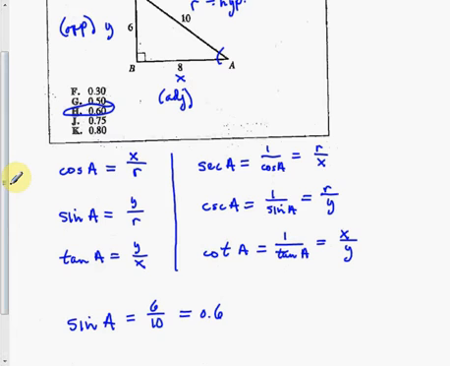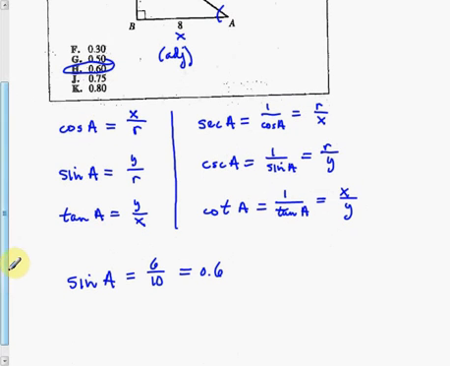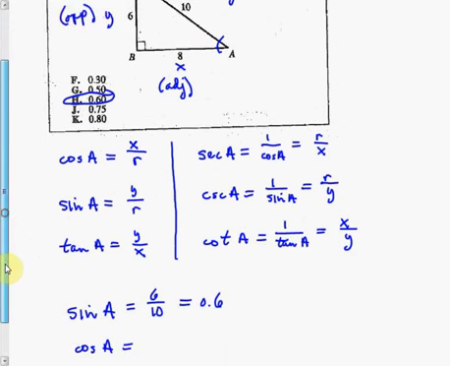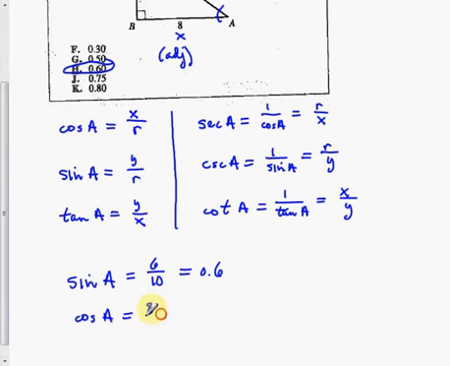And if they were asking to find the cosine of A, we can list that too. So cosine of A, the cosine is the adjacent over the hypotenuse. So that's going to be 8 over 10, or 0.8.